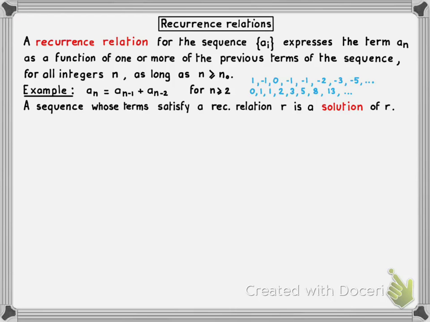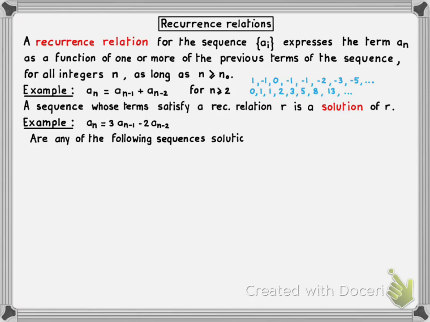So let's look at one more example of a recurrence relation. This one says that a sub n equals 3 times a sub n minus 1 minus a sub n minus 2. And even though we don't state it here, this assumes that n is greater than or equal to 2.